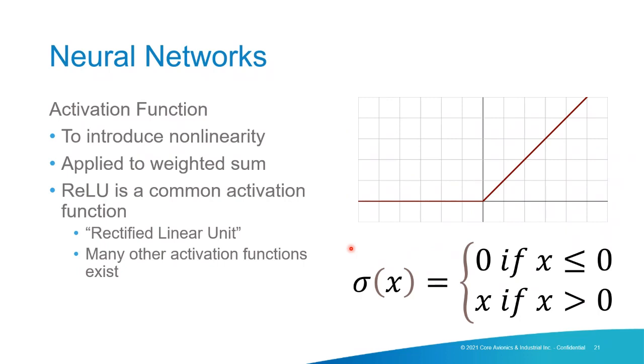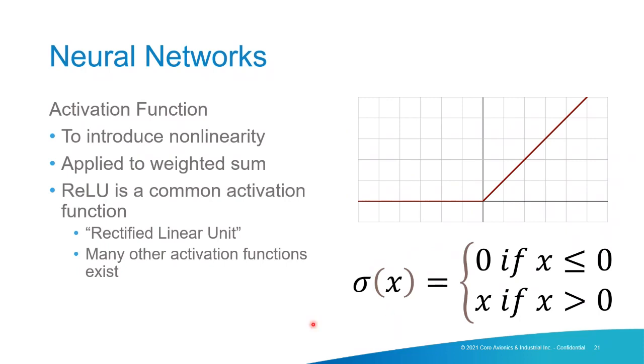There's many different activation functions that exist. ReLU is a very common one because research has shown that it has, in general, very good performance. But there's other activation functions you might have heard of in the past, such as the sigmoid function. There's the identity function as well. And so that explains really the math behind the execution of a neural network.